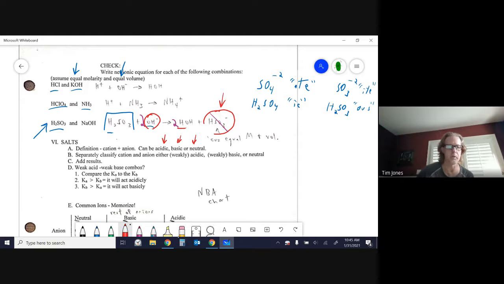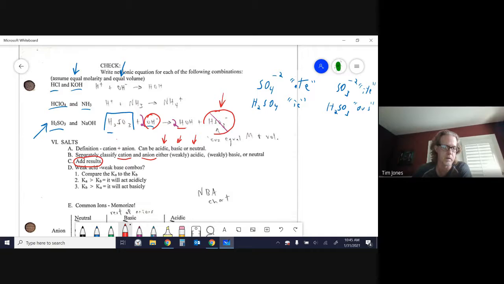So what you want to do is look at the cation and the anion separately and see, does this cation in water make it acidic, basic, or neutral? And likewise, does the anion in water make it acidic, basic, or neutral? And add up your results.